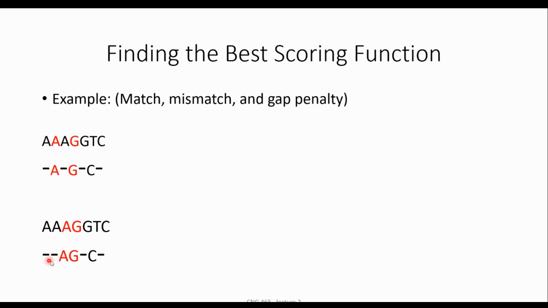Here, if I penalize this one with -1, then it will be -4 altogether. So 2 minus 4 would be -2. So you see, -2 is bigger than -6. And because of that, I could say this one is the better sequence alignment comparing to this one.